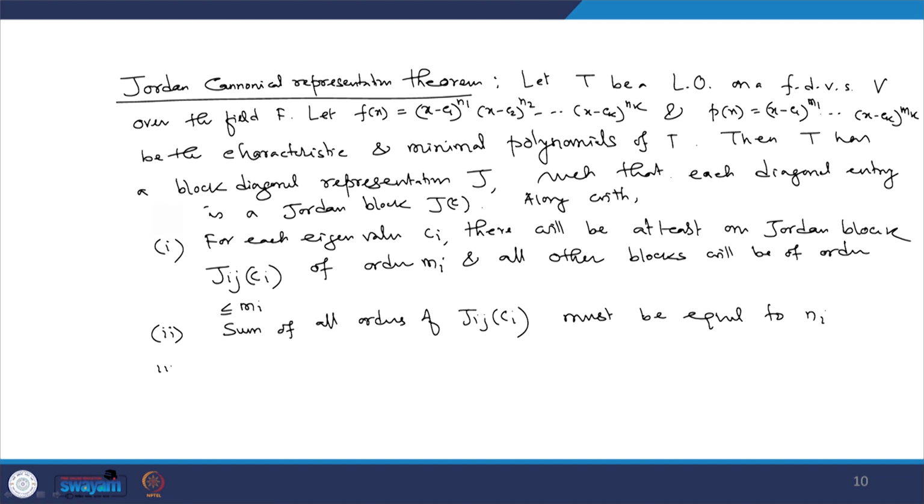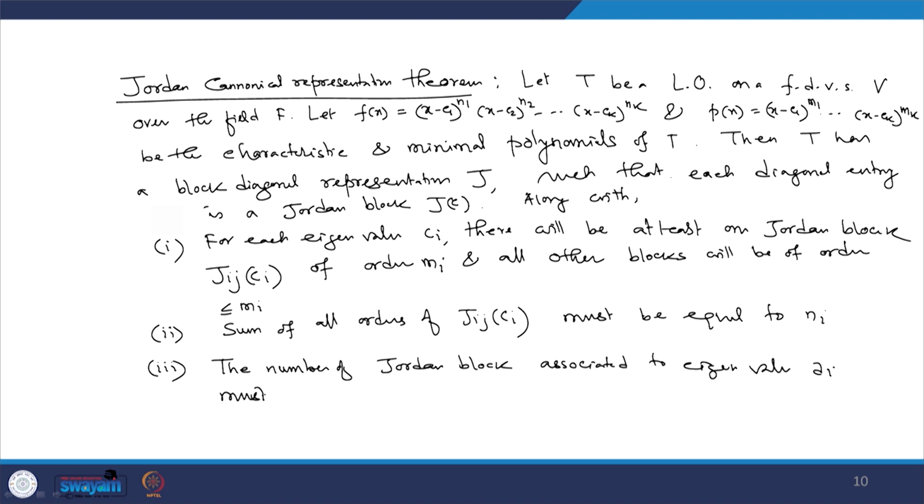ci. Third, the number of Jordan blocks associated to eigenvalue lambda i must be equal to the geometric multiplicity of eigenvalue lambda i.